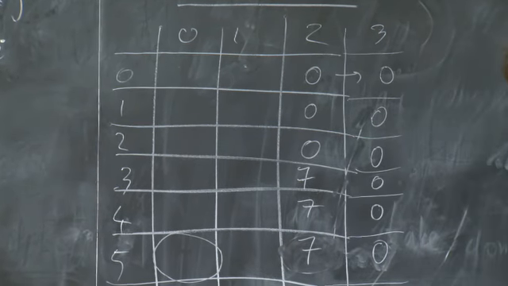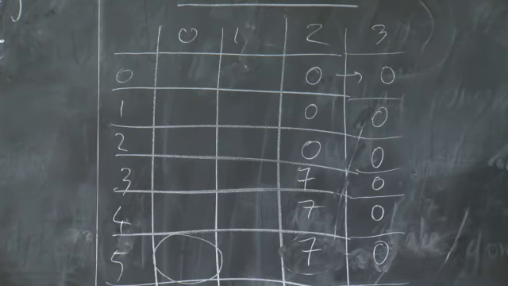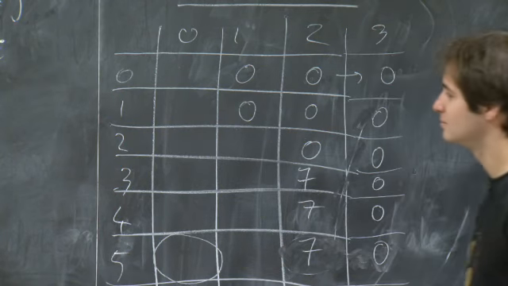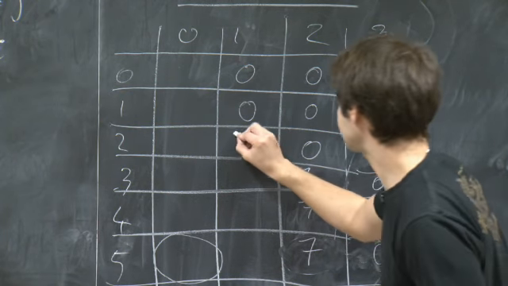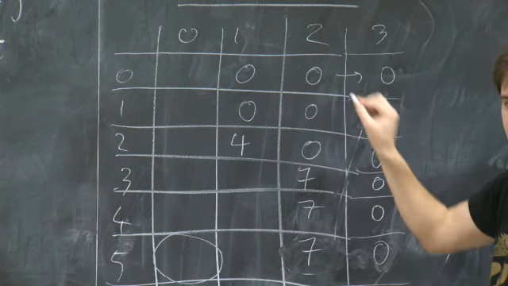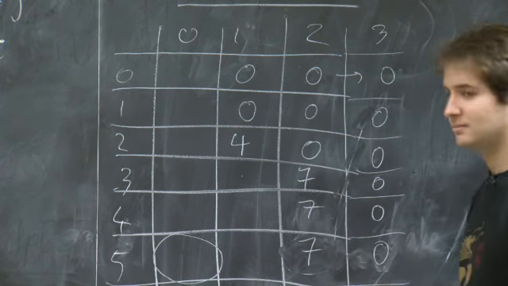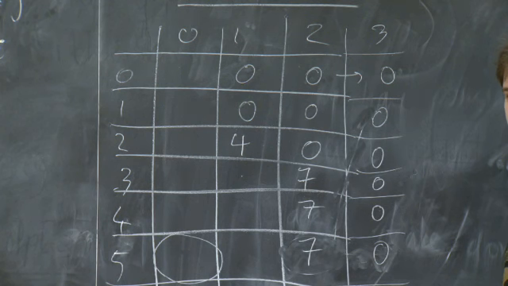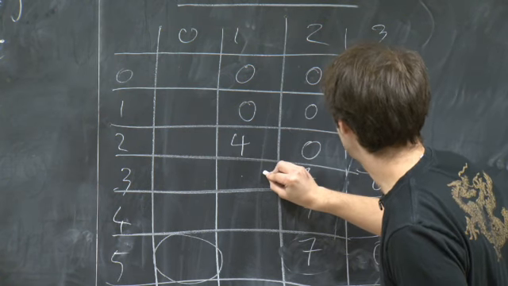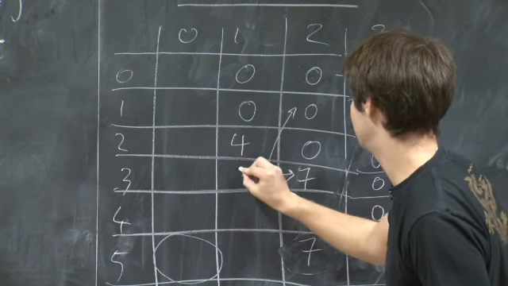How about this? 0. 0. 4, 4. The maximum of 0 and 4 plus 0, right? OK. No, 7. So it's the maximum of 7 or 4 plus 0. So this is 7.